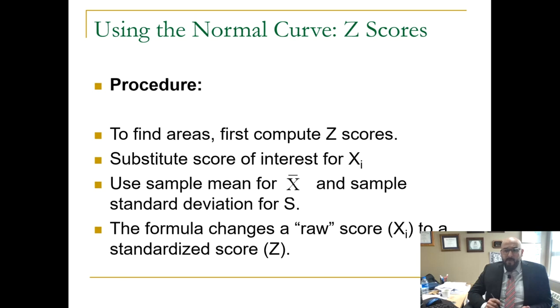Use the sample mean for the average, x bar, and the sample standard deviation for s. The formula changes a raw score from x to the standardized score. So first of all, we need to find the z-score based on the point that we're using, the standard deviation, and the average for the data.